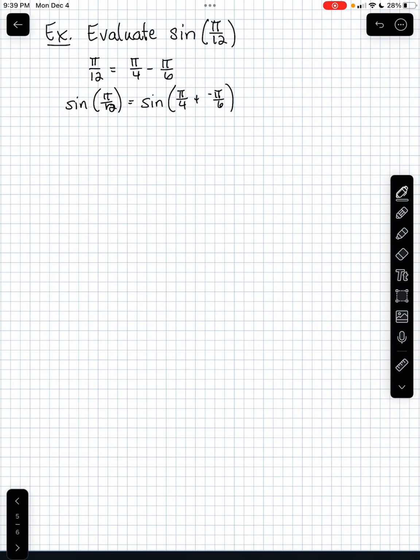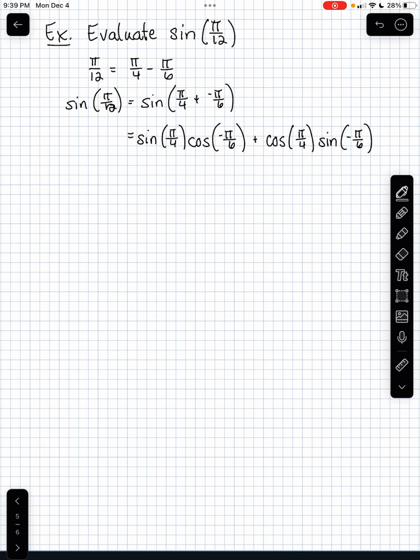According to our formula then, this should be the sine of the first angle, pi over 4, times the cosine of the second angle, negative pi over 6, plus the cosine of the first angle, cosine of pi over 4, times the sine of the second angle, sine of negative pi over 6.